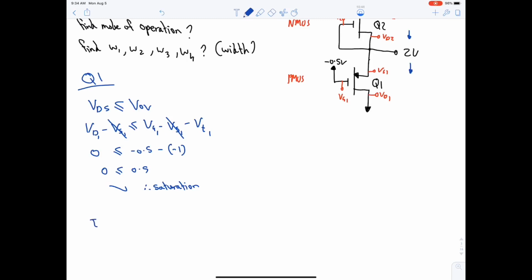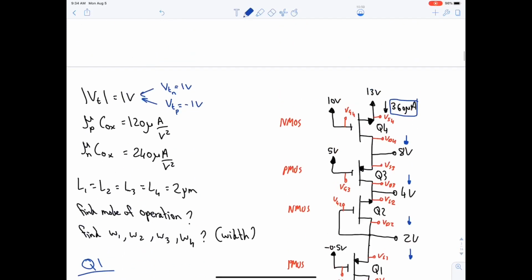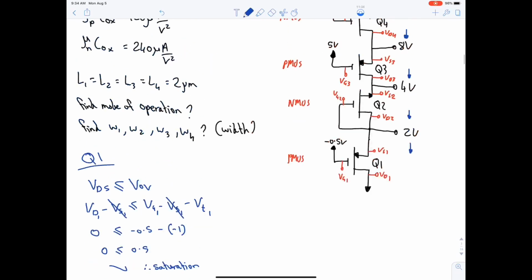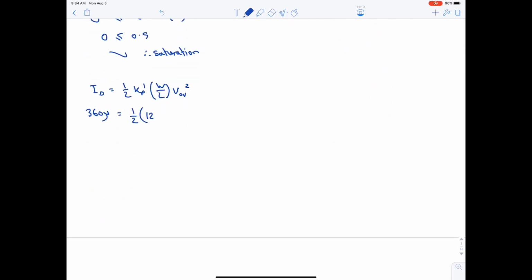So ID is equal to half Kp prime W over L VOV squared. ID is 360 micro, equal to half 360 micro here. Okay, half Kp prime is 120 micro. W is unknown.